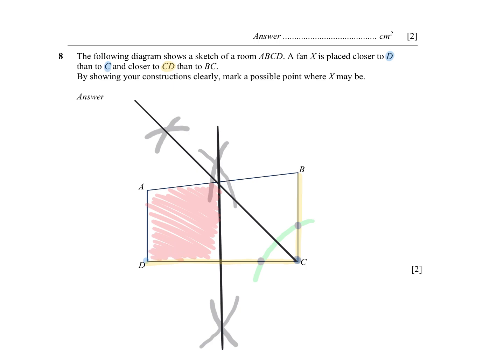And I want to be at the part where it's closer to CD also. So it's here. So it must lie on the part that fulfills both, the crisscross, right? So X can be anywhere in the correct space, we will mark you correct.